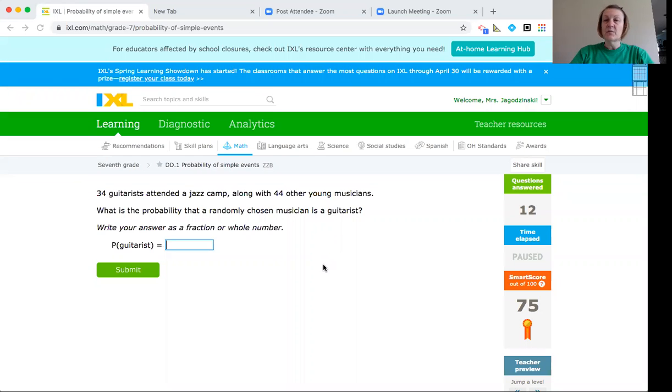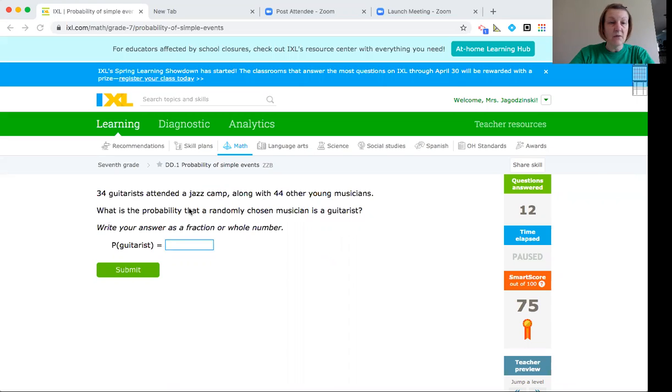All right, so these were some of the questions that you had some trouble with when you were working on IXL DD4 last week. So I just want to go over this with you. It says 34 guitarists attended a jazz camp along with 44 other young musicians. It wants to know what is the probability that a randomly chosen musician is a guitarist.